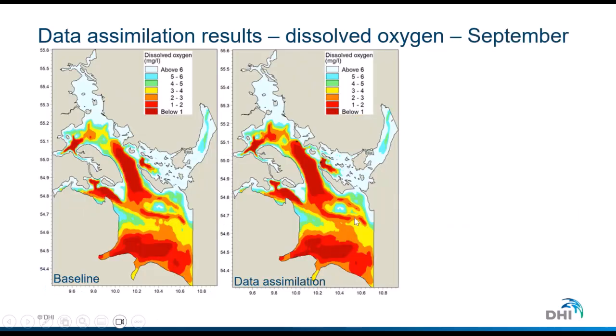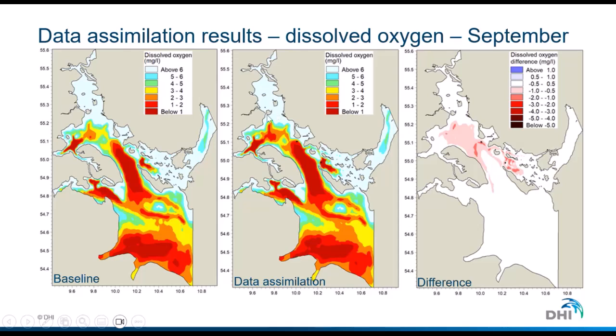This is then an area distribution map of the oxygen depletion in the baseline and the data assimilation as an average over the September month. And if we look closely, we can see that this area here has an extended area of oxygen depletion, a bit difficult to see. So if we look at a difference map instead, we can better see which areas have been updated with the data assimilation.